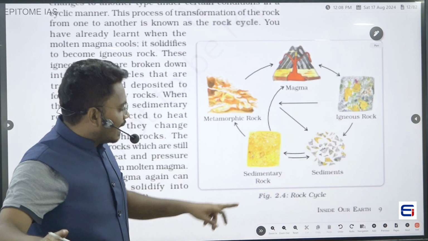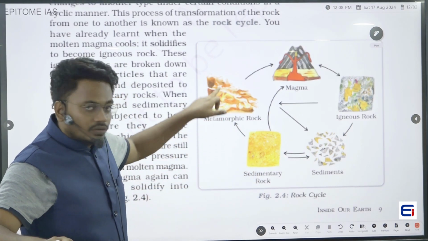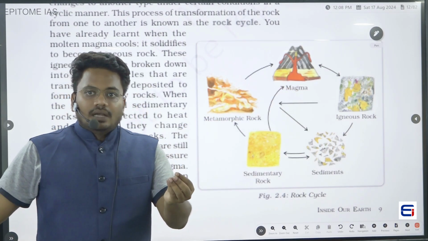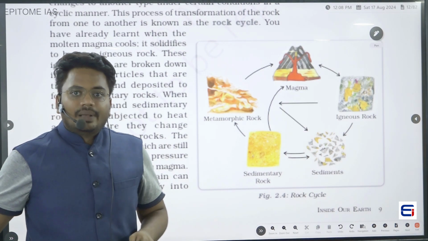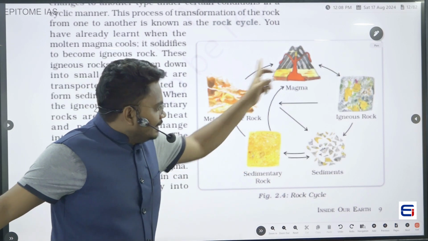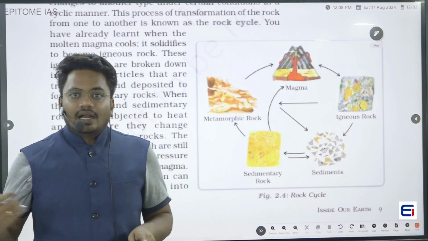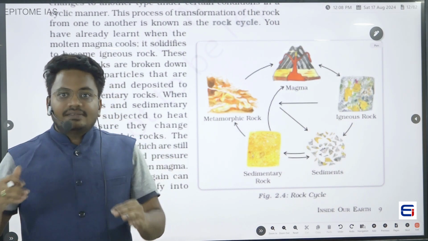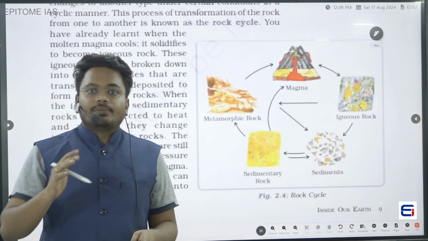There is one more way, that these sedimentary rocks can bypass this route and they can be destroyed and transform into magma. Are you getting my point? So the entire process will be repeating. We never know how many years it takes, but still this process is inevitable.